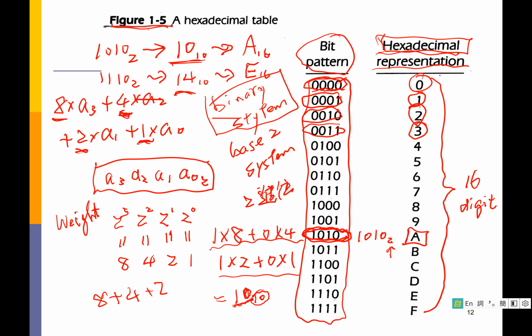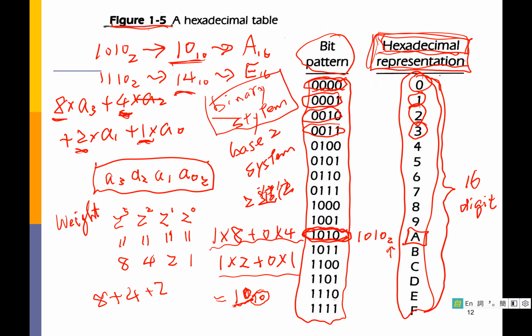So, in order to represent a hexadecimal digit, how many bits do we need? We need 4 bits. Okay? Now, in an 8-bit pattern, in fact, we have two 4-bit patterns here.